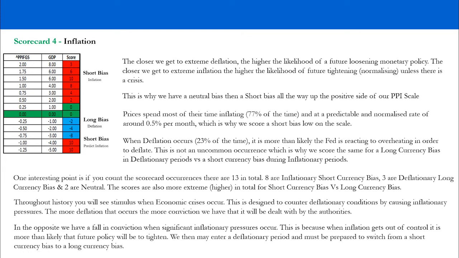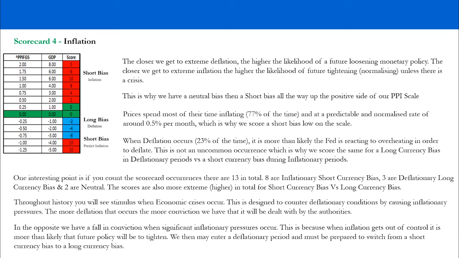PPI prices spend most of their time inflating, 77% of the time, and at a predictable and normalized rate of around 0.5% a month, which is why we score a short bias low on the scale here. When deflation occurs, so 23% of the time, it's more than likely that the Fed is reacting to overheating in order to deflate.